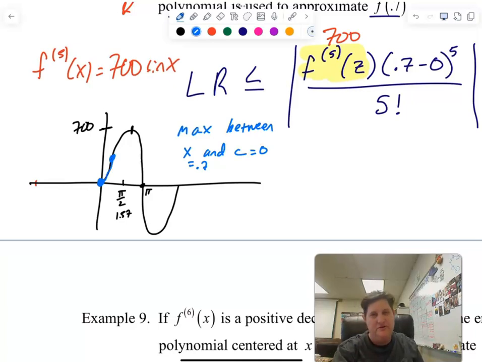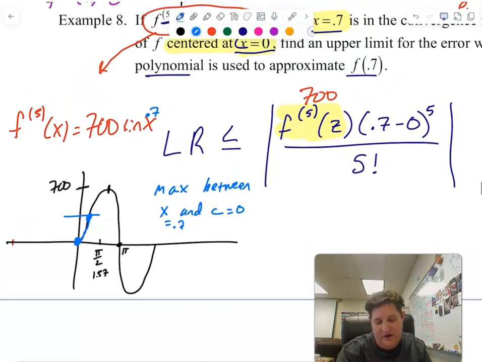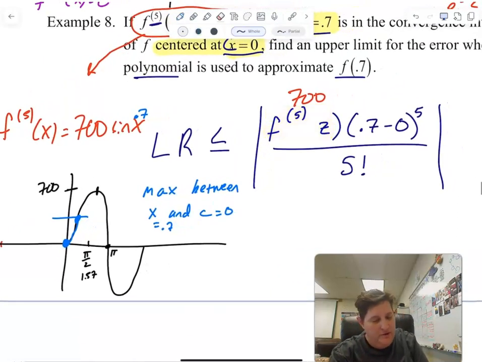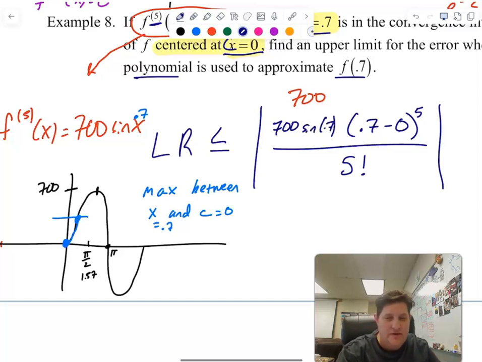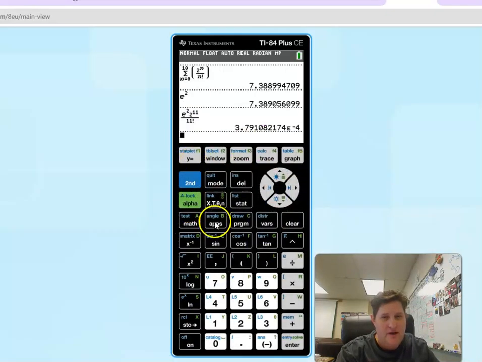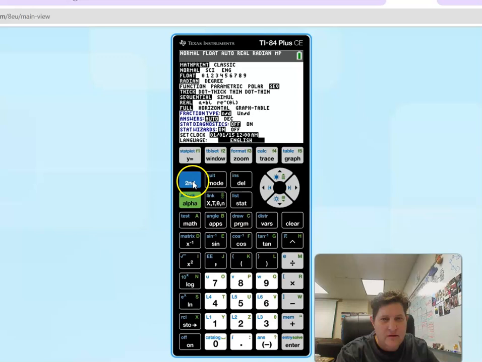That's an increasing function the whole time, right? So the max is actually the height at 0.7. And what is the height at 0.7? It's 700 sine 0.7. So you could use 700, or to be even more approximate, we can use 700 sine of 0.7, and I can find it that way. So I would type it in by going fraction. Make sure I'm in radian mode.